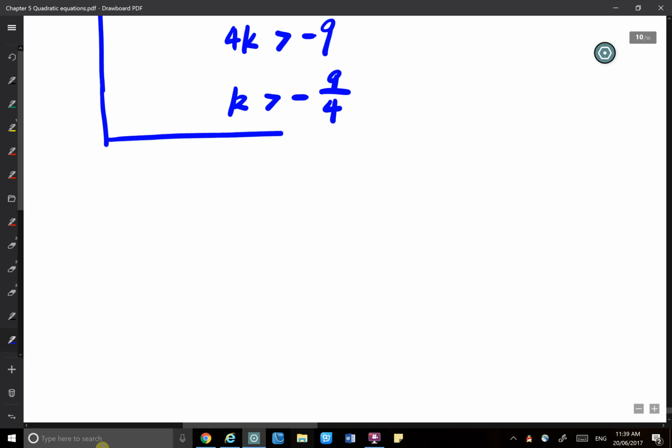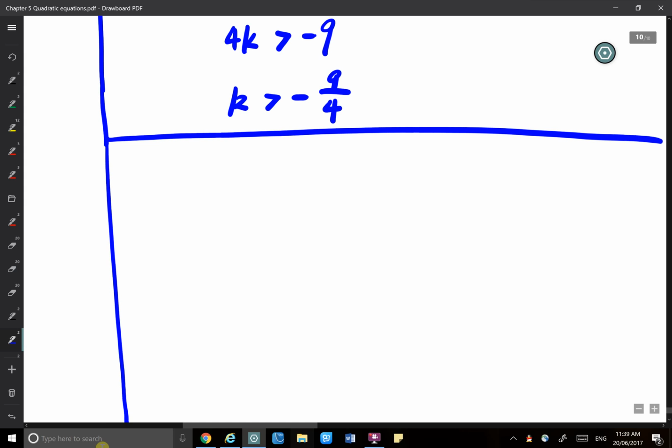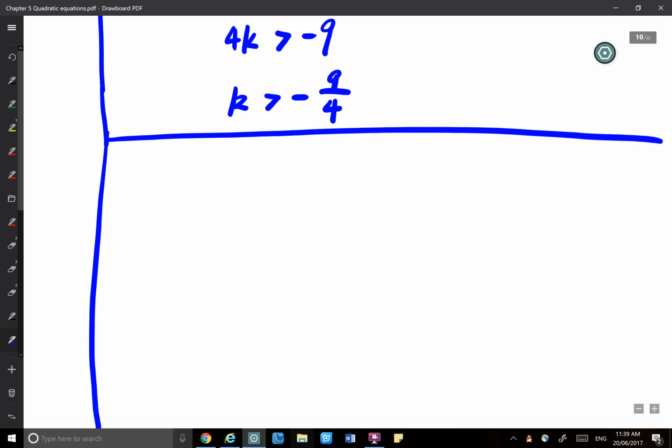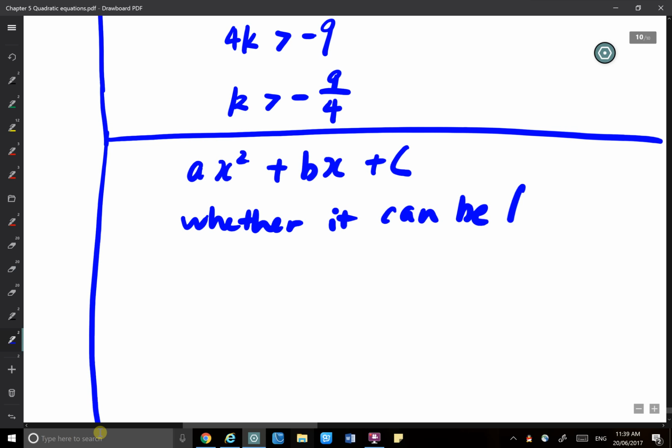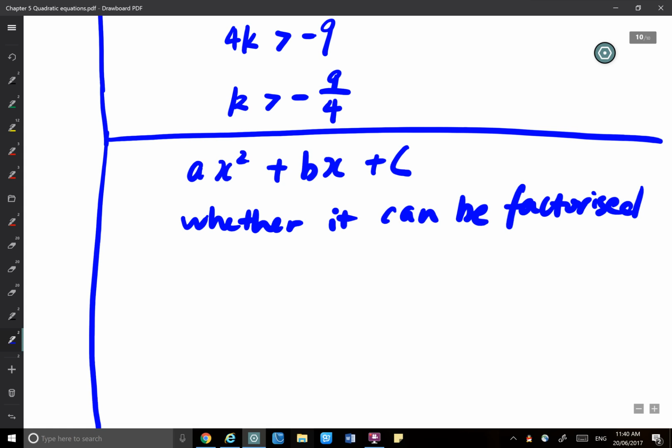One last thing I want to talk about, as I told you before: you won't really be given ax squared plus bx plus c and asked whether it can be factorized. Before, what we did was complete the square first and see if it's a plus or a minus.